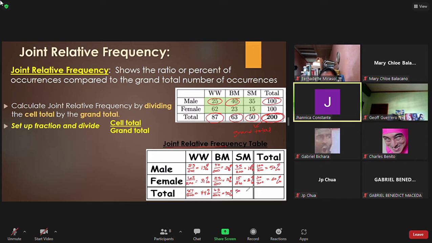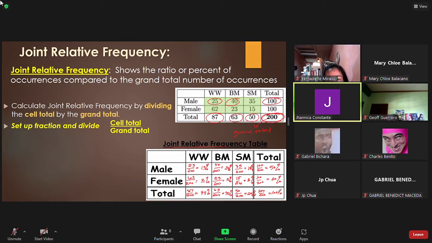And we have 50 divided by 200, which is equal to 25%. And 200 divided by 200 is equal to 100%. So that's how we solve for the joint relative frequency.